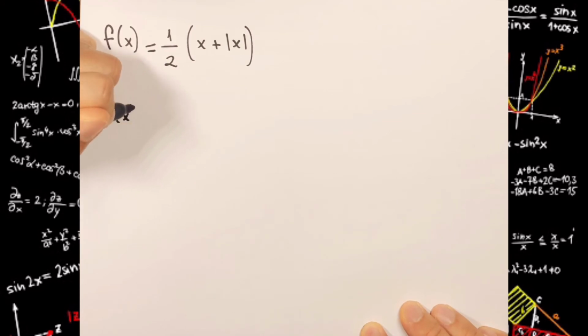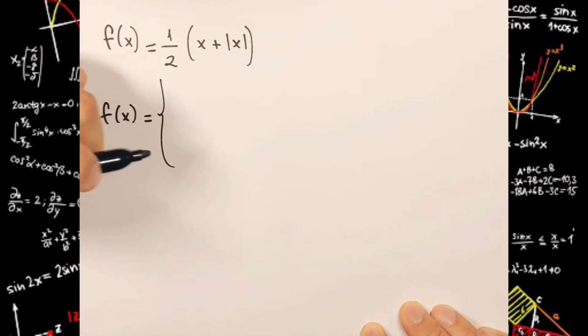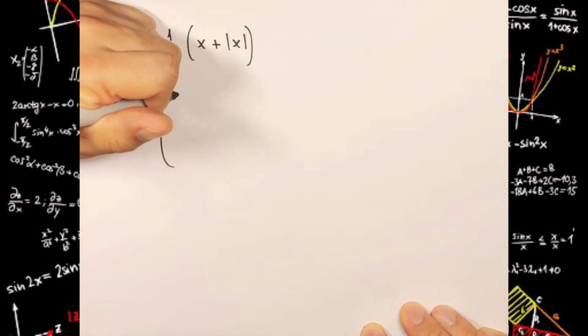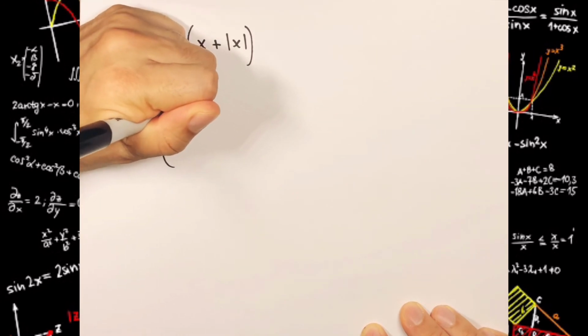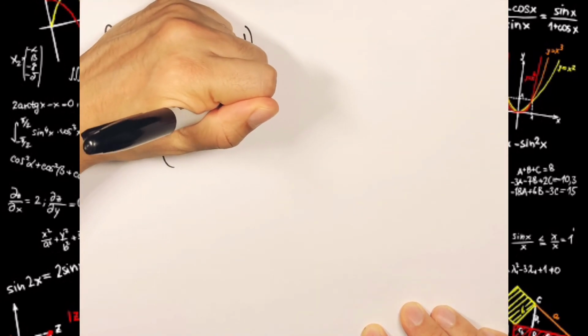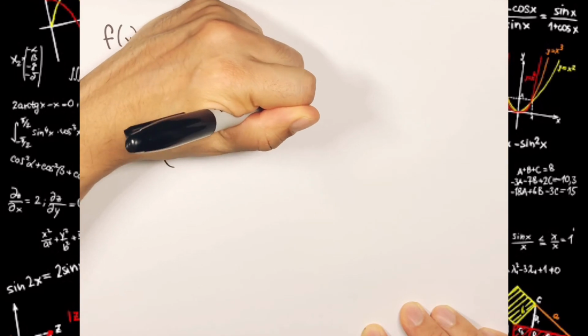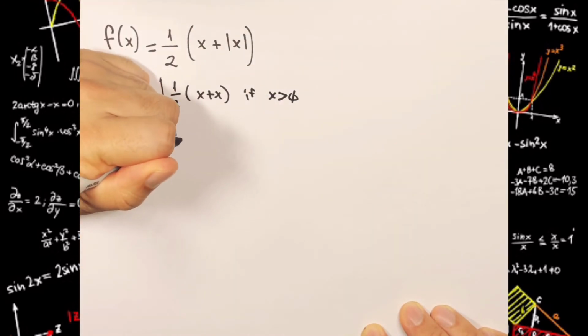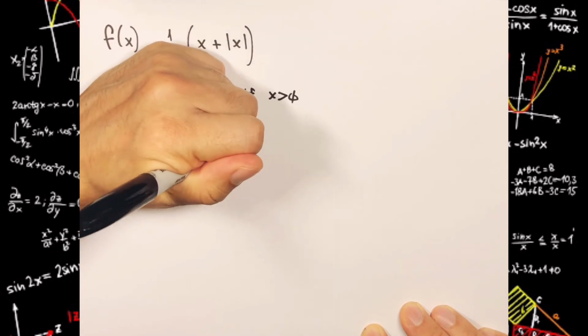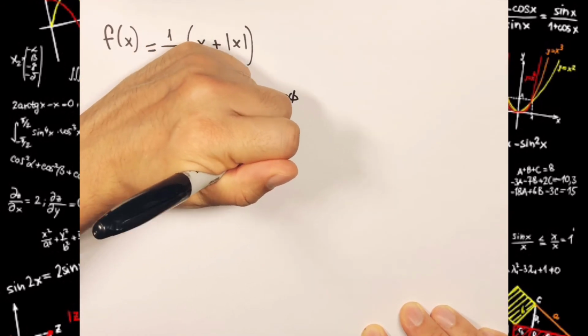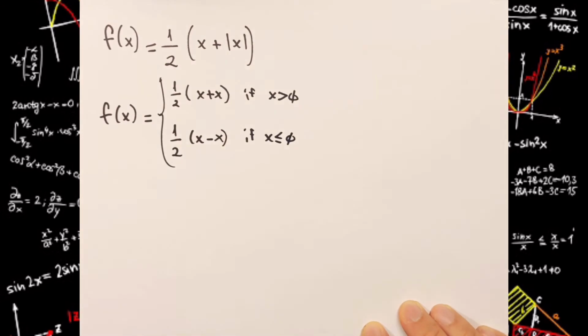So let's break it up and see if it works. f of x is going to be equal to a bracket, and then we're going to have 1/2 multiplies x plus positive x if x is greater than 0, and 1/2 that multiplies x minus x if x is less than 0 or negative.